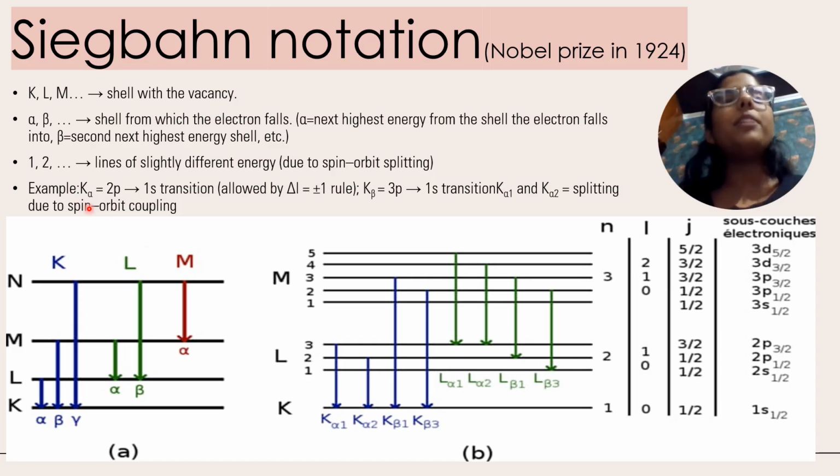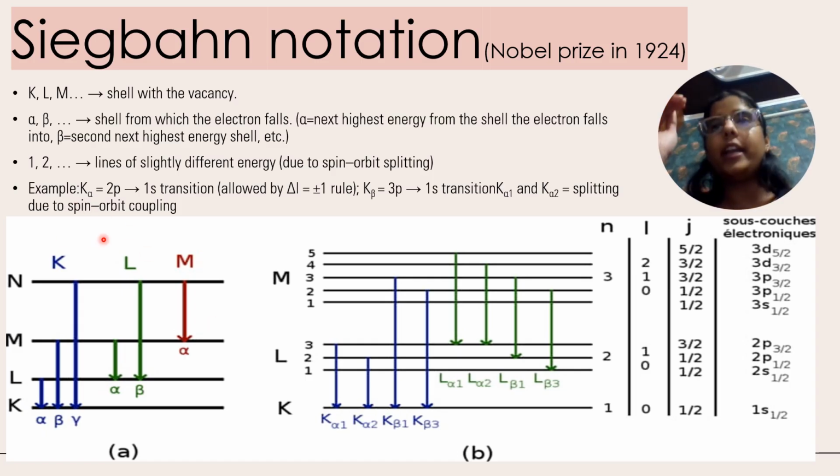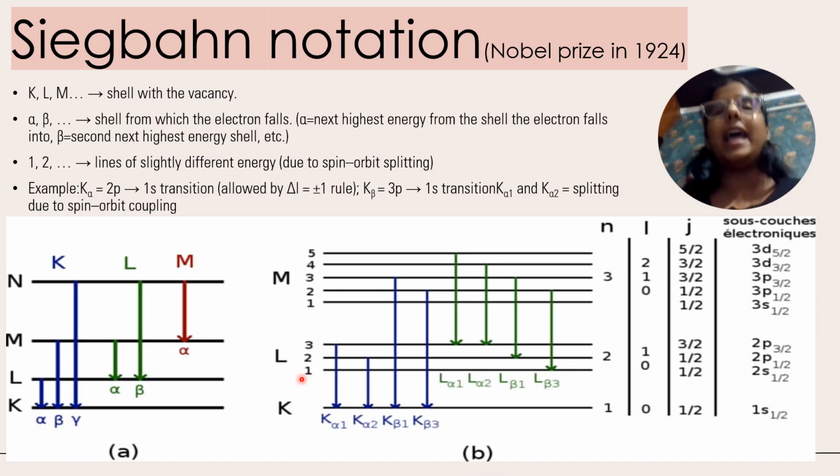And alpha means that the electron to fill the vacancy is coming from the next highest energy shell with respect to K, which means L. And L has the principal quantum number of 2, which contains two subshells, 0 and 1, with 0 corresponding to s and 1 corresponding to the p subshell.